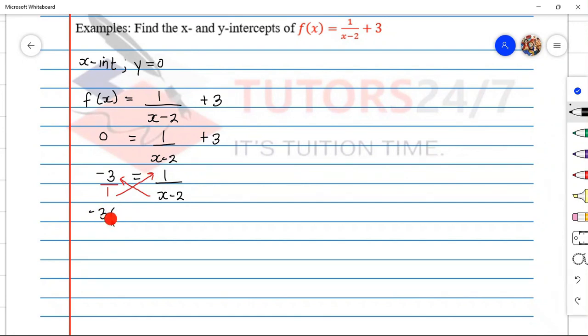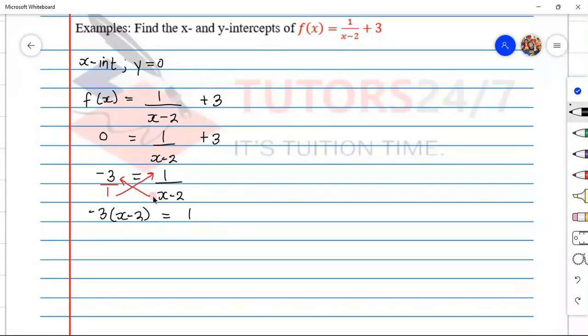So we have negative 3 into x minus 2 equals 1 times 1, which is just 1. From here, we can divide both sides by negative 3, or an alternative option would be to multiply the negative 3 into the brackets, whichever is acceptable.